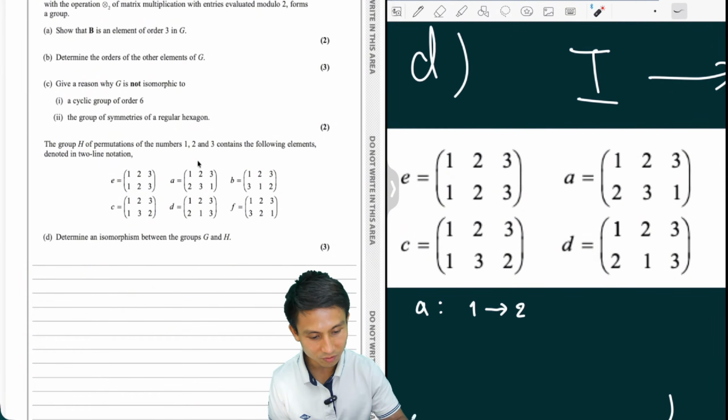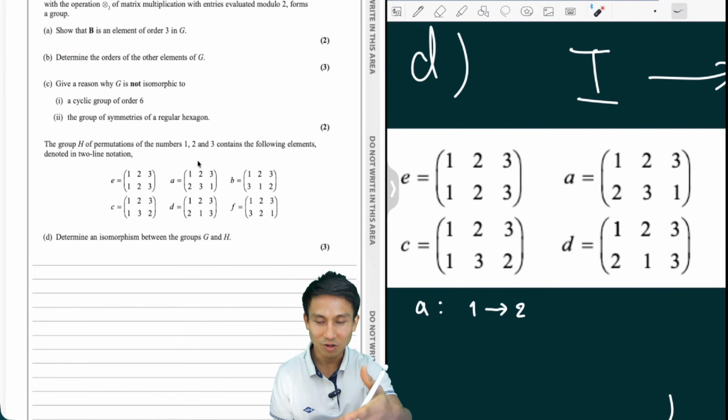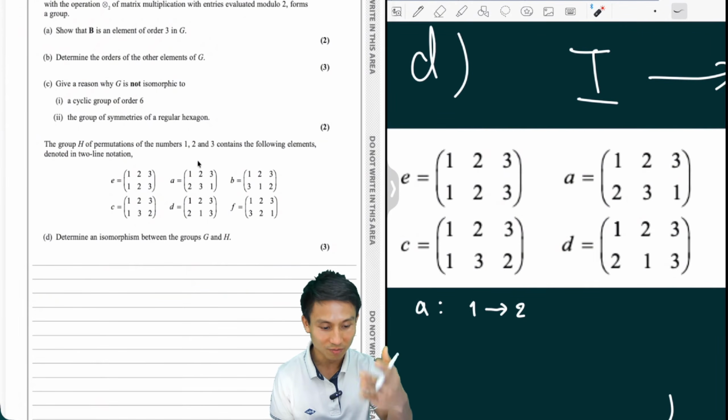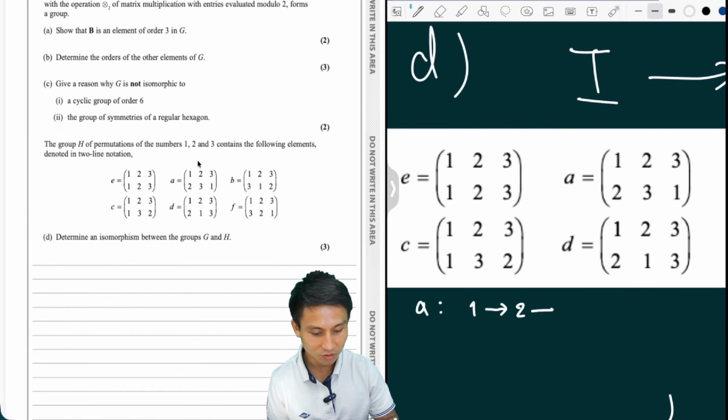Just look down. Now, if you are at number 2, with this permutation operation, looking at the first line, it's going to bring you to number 3. So you go to number 3 here.